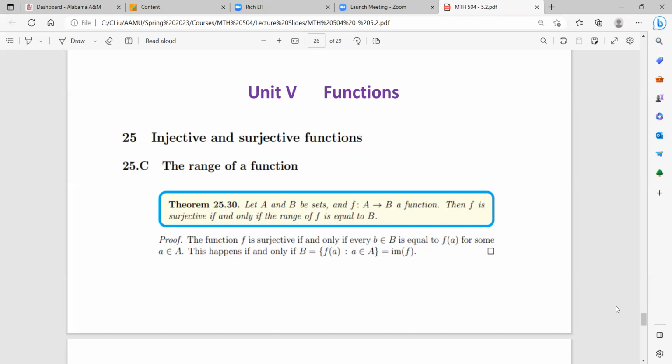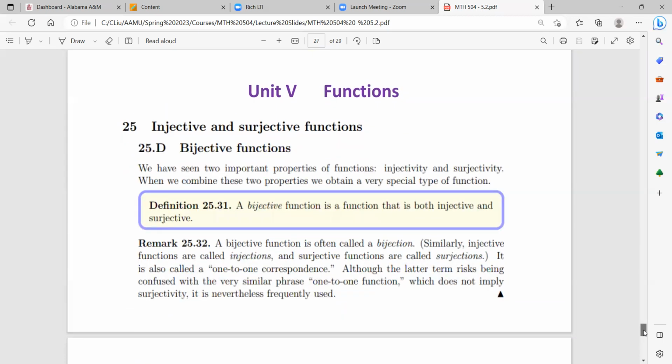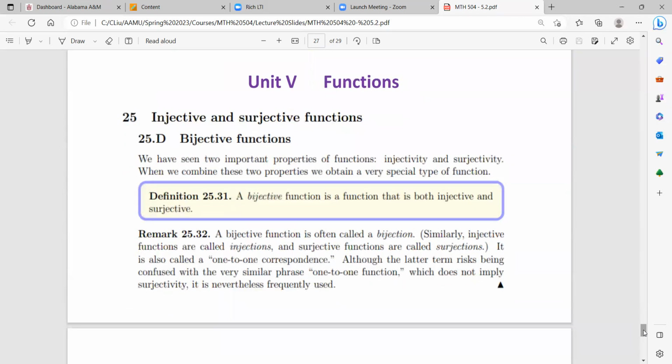So that's that. There's not much to say about it. Okay, so then we talk about the injective function, the surjective function. Then obviously, if a function is both injective and surjective, we call it a bijective function.